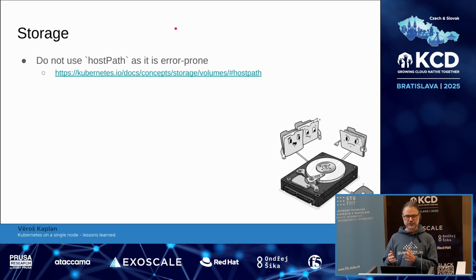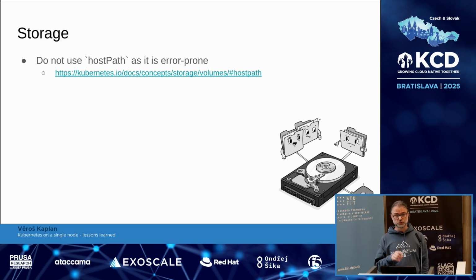So, with Kubernetes or with applications, you probably run on some storage. We found that while you can use host path in Kubernetes in deployments, it works, but it's very error prone.